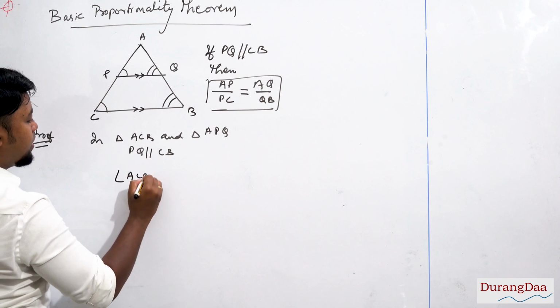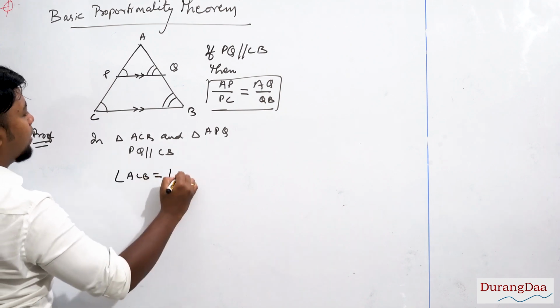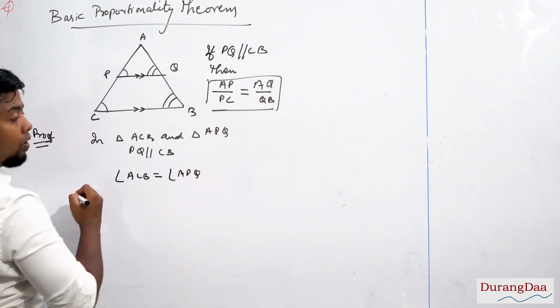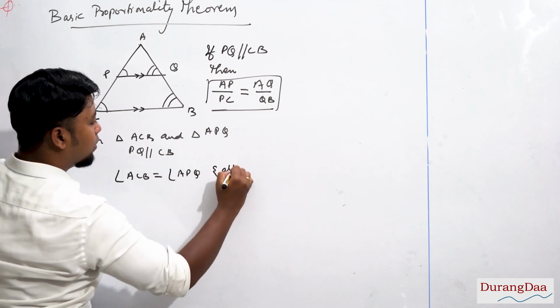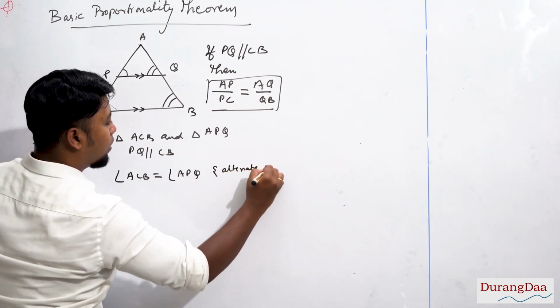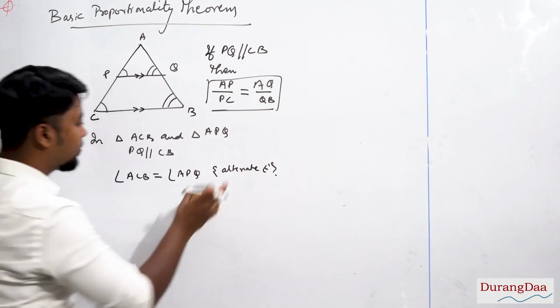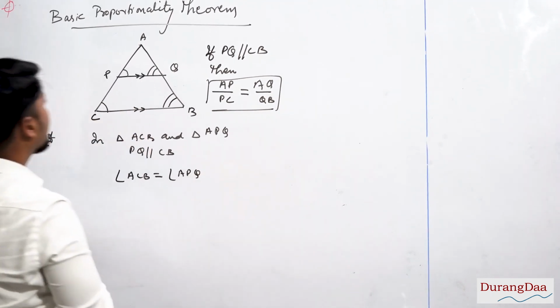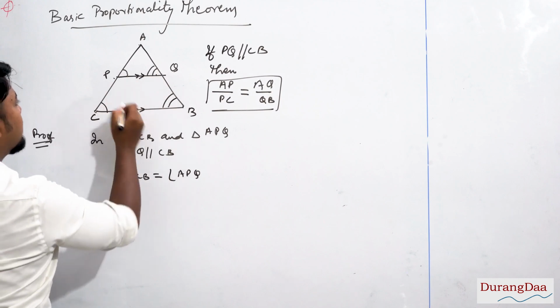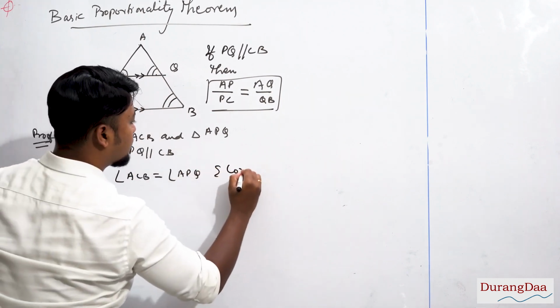Angle ACB is equal to angle APQ. The reason is corresponding angles. My mistake, these are parallel lines, so they are corresponding angles.